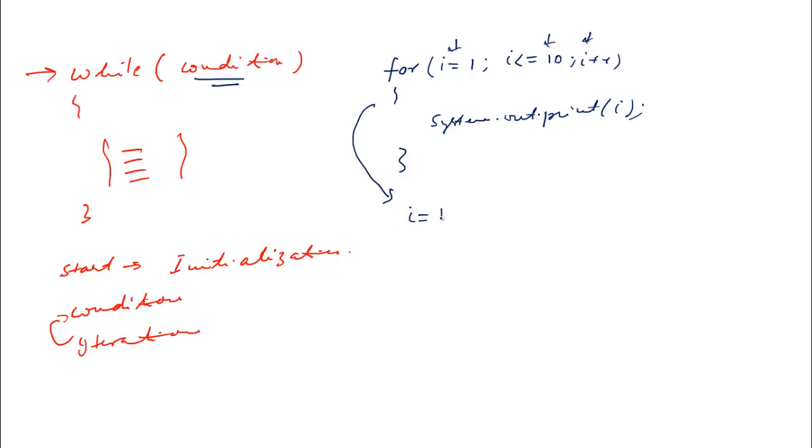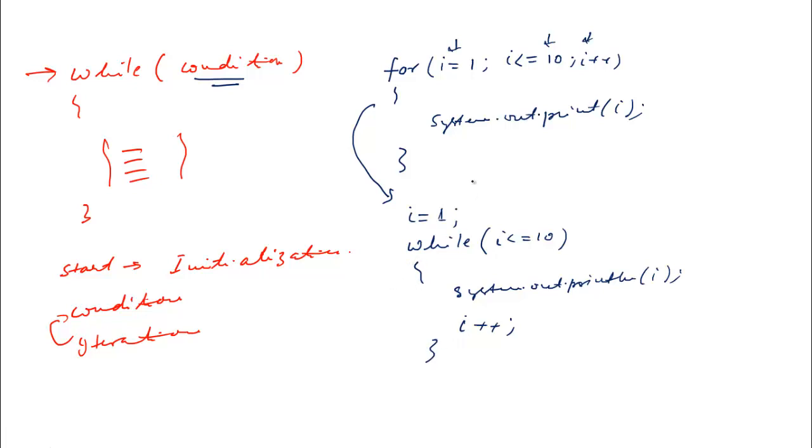First of all, the initial position I have to mention outside of the loop, i equal to 1. Then inside the while, the condition part, i less than equal to 10, and then System.out.println(i). And here you have to put the iteration.